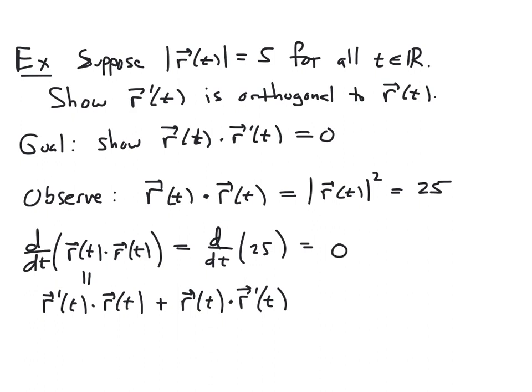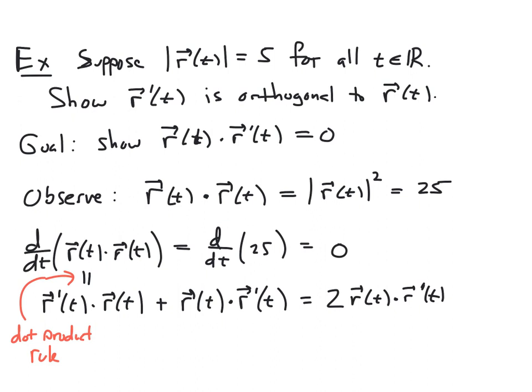This is our dot product rule for derivatives of vector functions that we just stated. If we notice, r prime dot r and r dot r prime are exactly the same. And so when we add these together, we just get 2 times r of t dot r prime of t. We don't care which order the dot product is taken in.